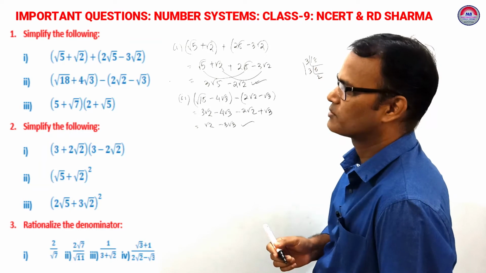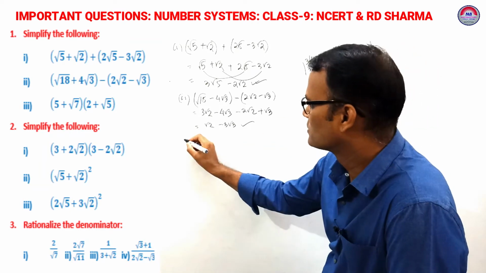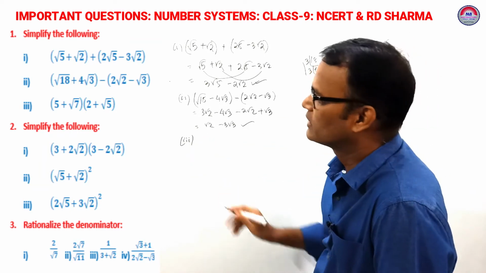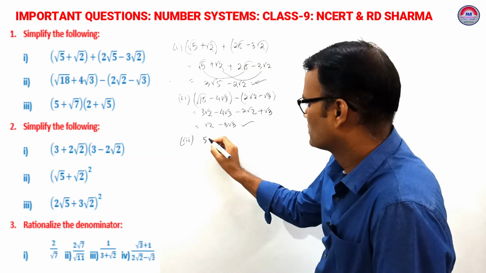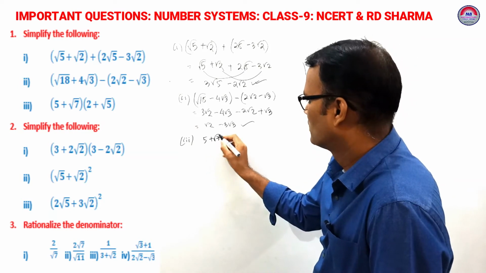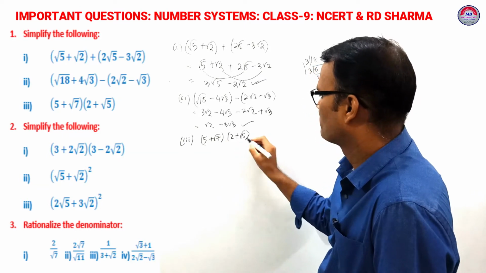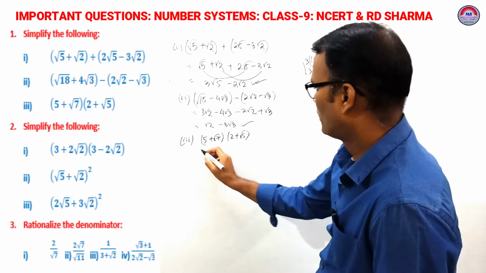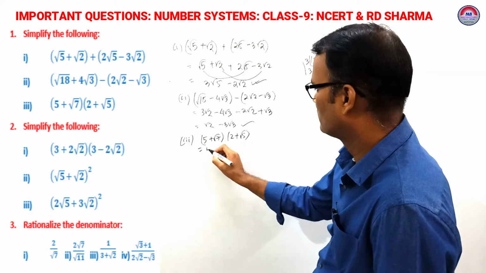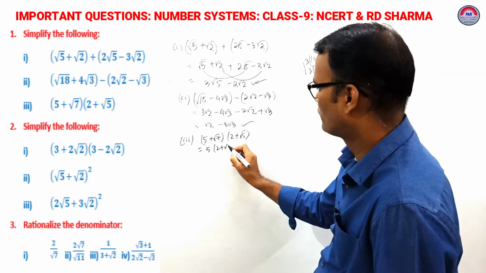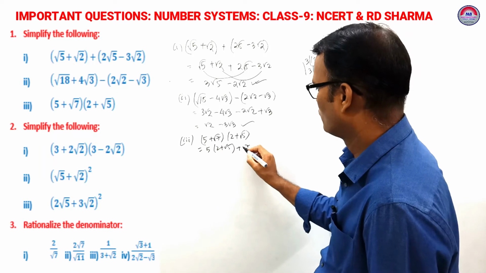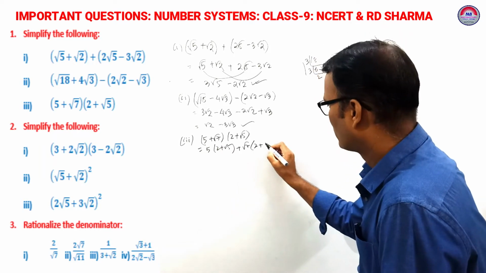Very simple subtraction. And the third one is also very easy, it is simple multiplication, like algebra. Okay, you see, multiply. How to multiply? 5 into 2 plus root 5, plus root 7 into 2 plus root 5.